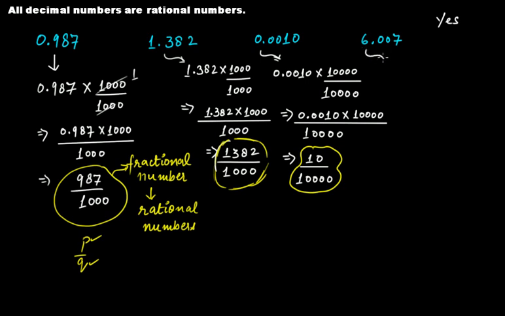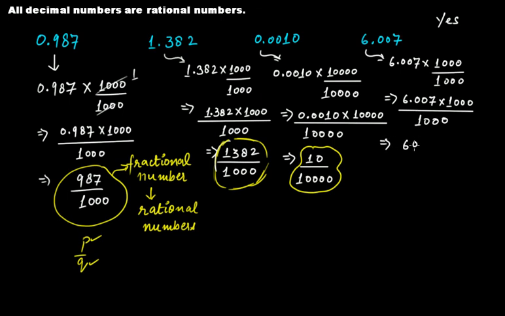Let's solve this last one. It is 6.007. We have 3 digits after the decimal point, so multiply this with 1000. Now this becomes 6.007 times 1000 over 1000.